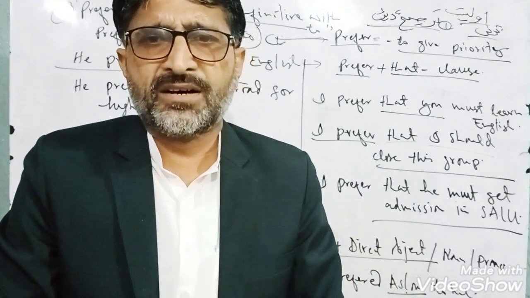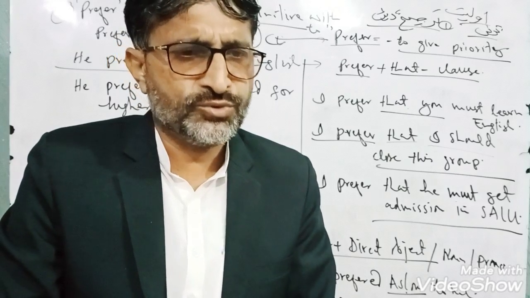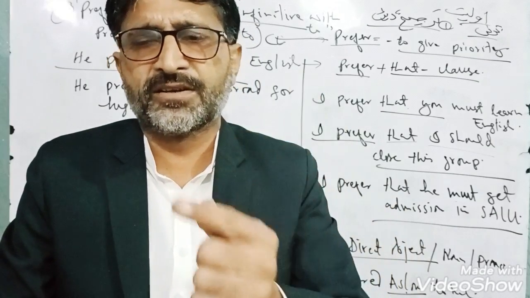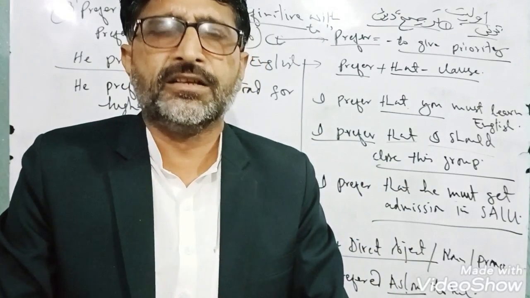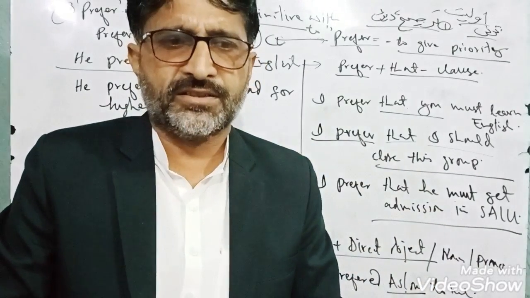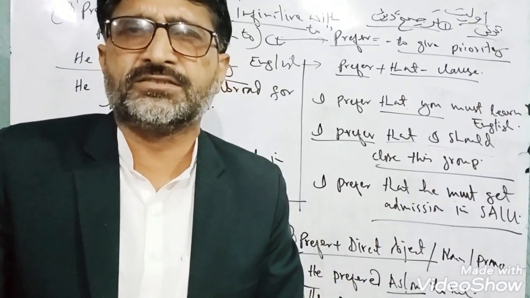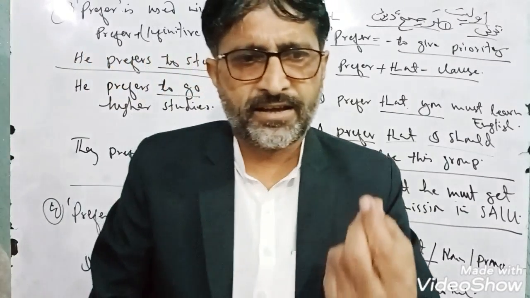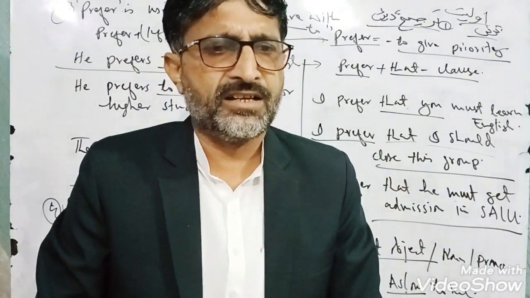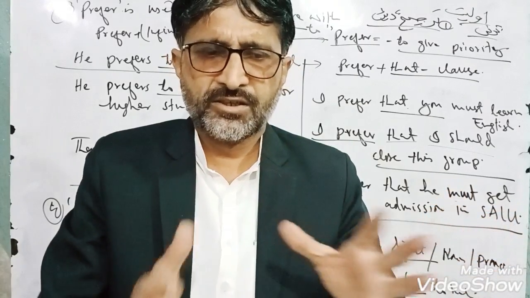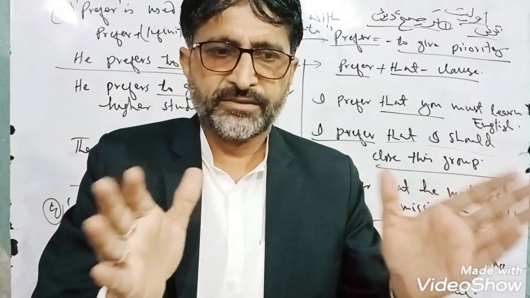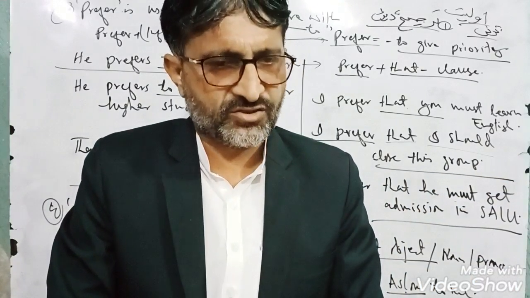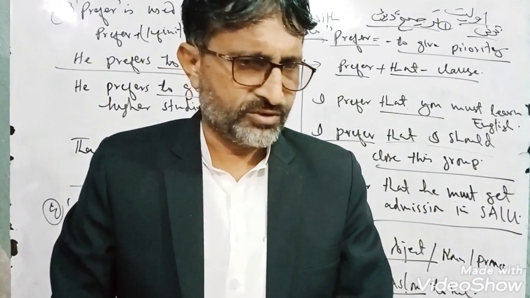It is very important that you use the single verb prefer in this way. Many verbs are there and they have their own patterns. This is just an example for your understanding of the coordination of verbs with other words. If you have any question, you can ask me please.